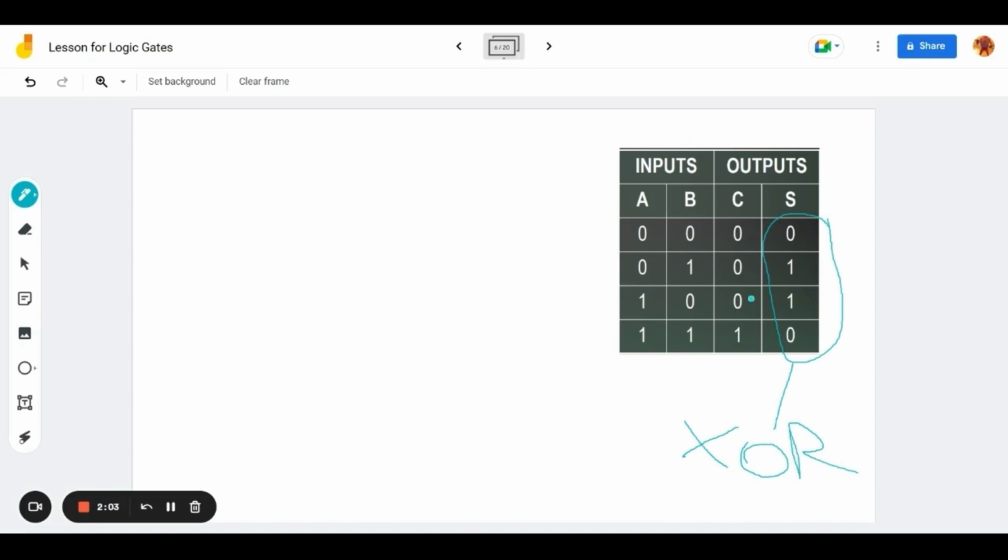For the carry, as you've learned earlier, and as I've reviewed with you in the previous slide, there's only one carry here, which is when it comes to 1 plus 1. But the carry also resembles an AND gate.